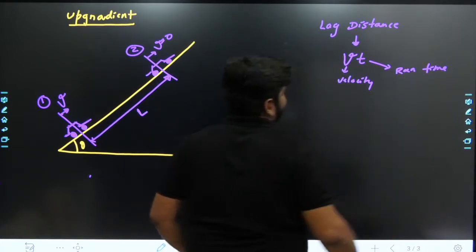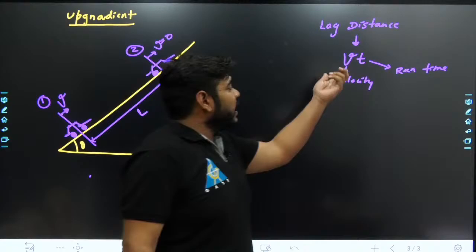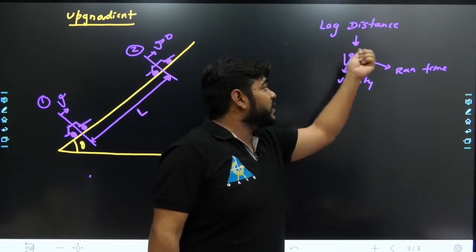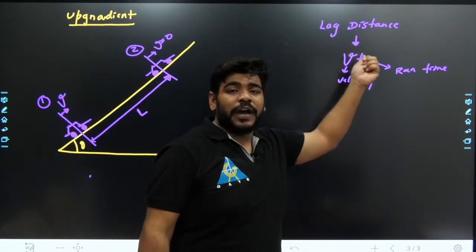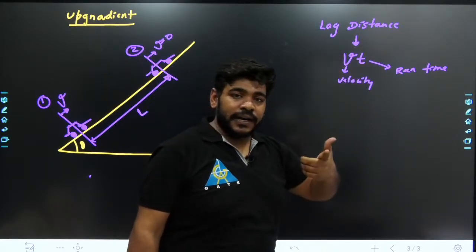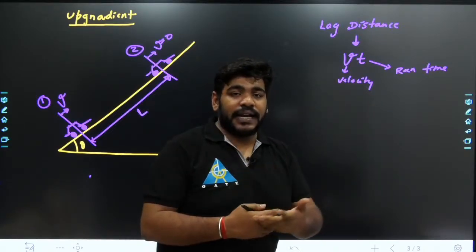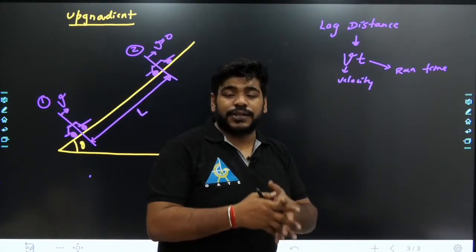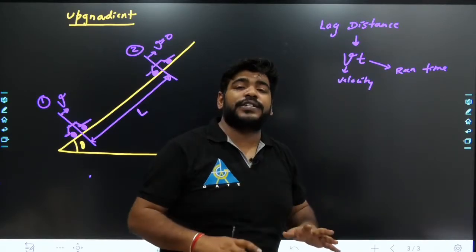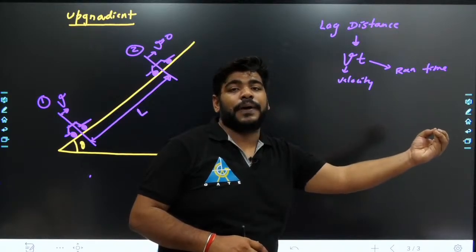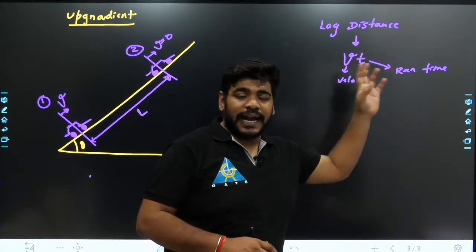In the lag distance there is no term that is going to be affected by the gradient. It won't change whether you are moving on a down gradient or an up gradient. That's why we are not considering lag distance here.